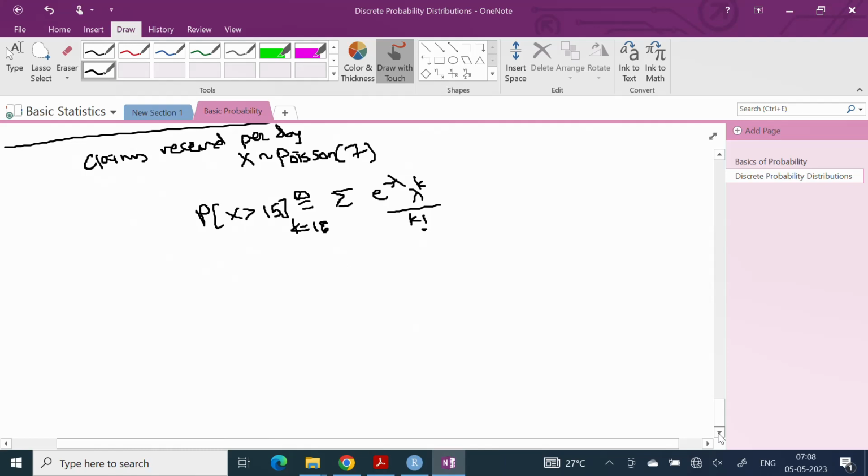Now, as I said, there are lots of applications. For example, suppose you own a call center. When you own a call center, you will need information on various things because you want to hire operators. So how many operators should you hire? If you hire very few operators, then people will have to keep waiting for very long and then they will be fed up with your service and they might leave you.